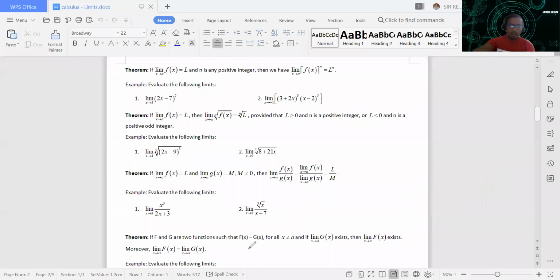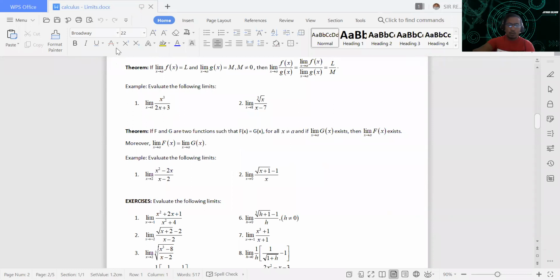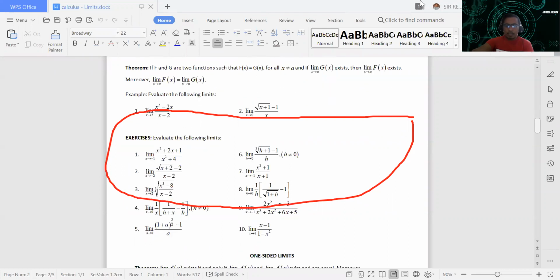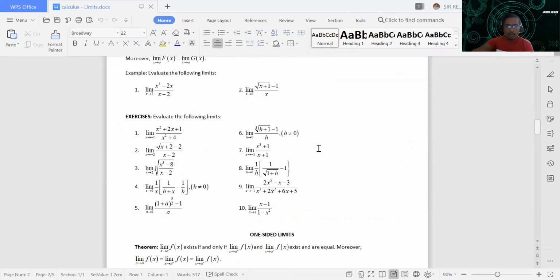Okay, that's it. And we will be discussing the remaining theorem tomorrow. It needs a whole meeting to discuss this theorem. Study it ahead of time. So, practice answering the exercises.